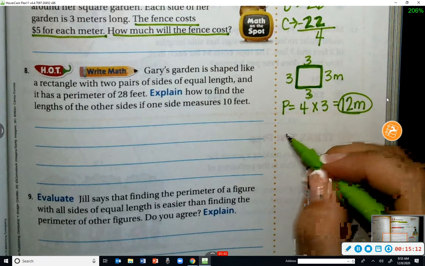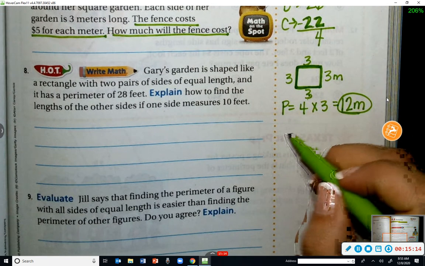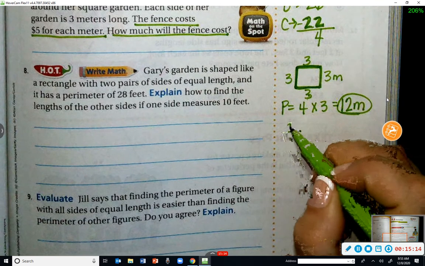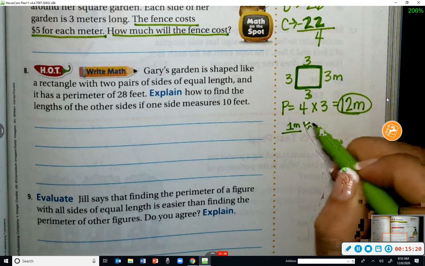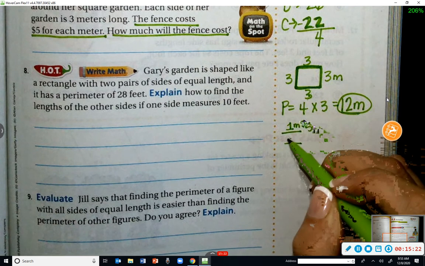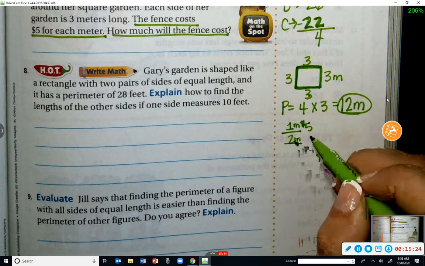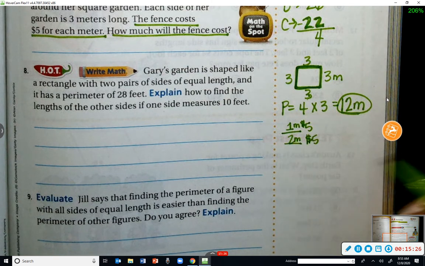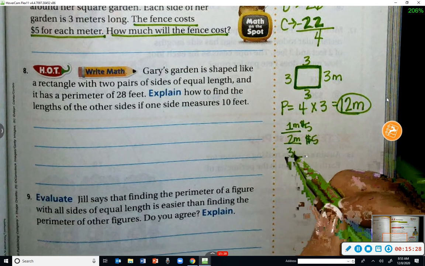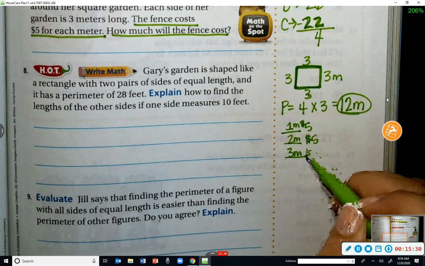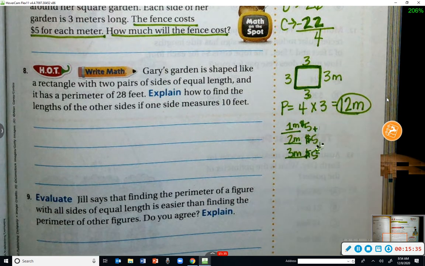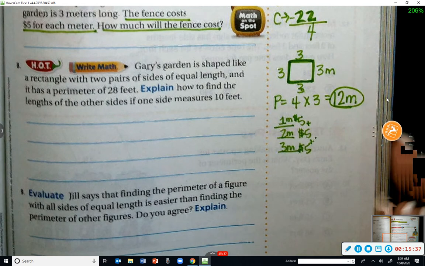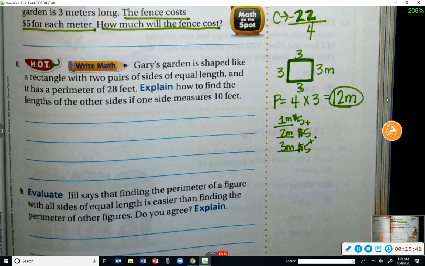If I have 1 meter, that costs $5. 2 meters costs $5. 3 meters of fence is going to cost another $5. So what am I doing with the 5 each time? You're adding. Adding 5 each time. What is a quicker way instead of adding 5 over and over again?